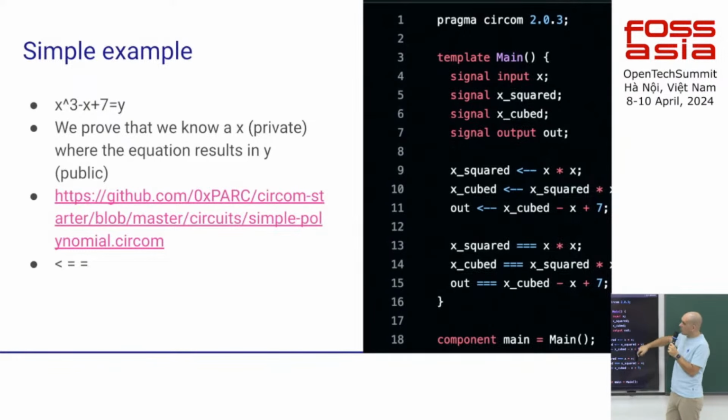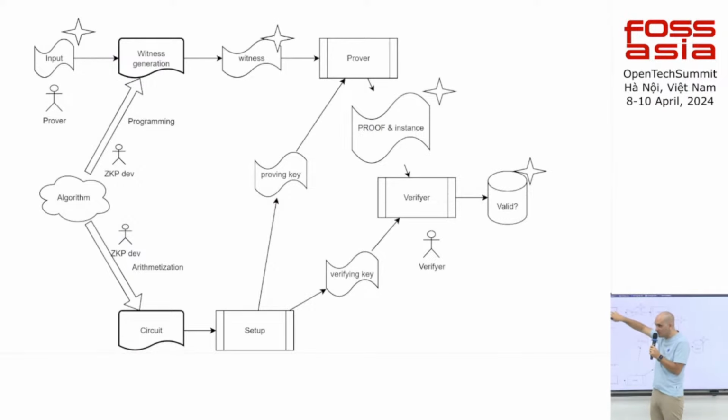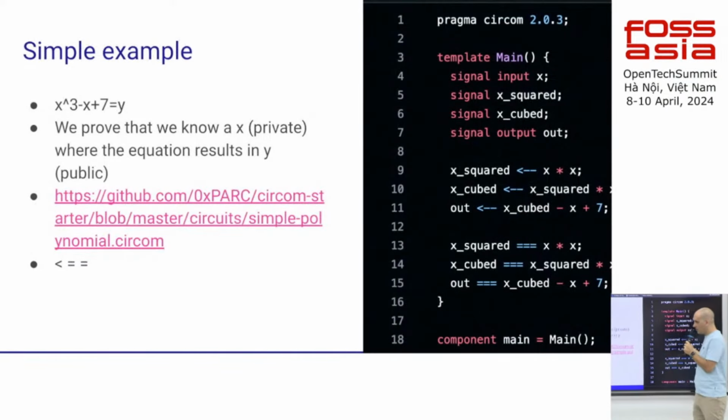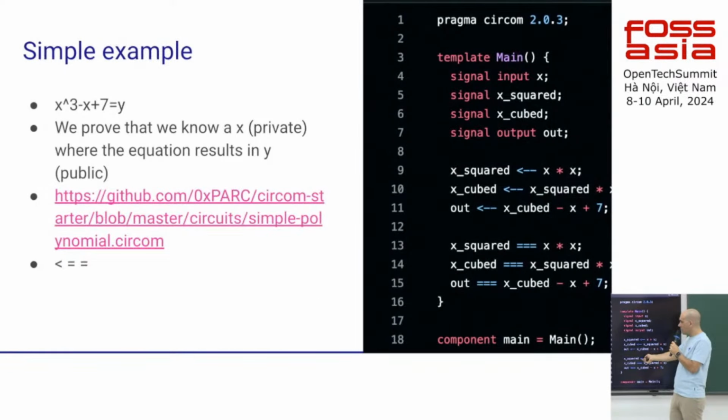So with this code, using Circom, you can do this: the witness generation and the circuit are in the same code. The witness generation is the single arrow, and the circuit is the triple equal.